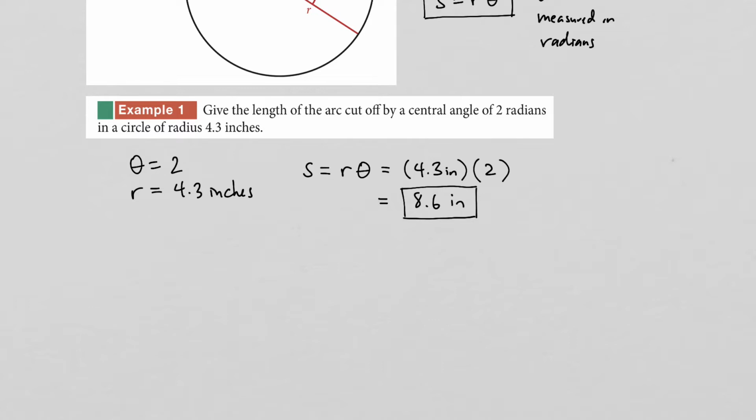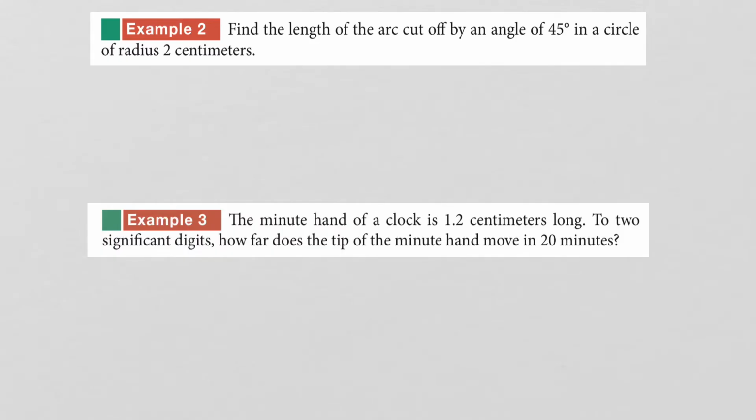This is a very straightforward problem because the angle they gave us was already in radians, so we didn't have to do anything except multiply R by theta. In the next example, they ask us to find the length of the arc cut off by an angle of 45 degrees in a circle of radius 2 centimeters.